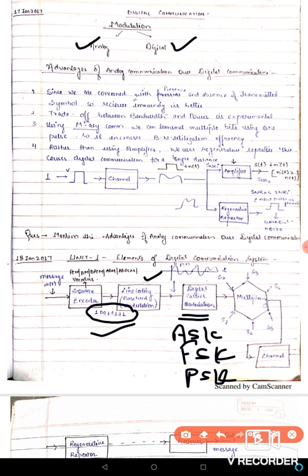Now the channel is available, and we need to utilize the bandwidth of the channel properly. The signals from different sources, S1, S2, S3, S4 and so on, are multiplexed using frequency division multiplexing or time division multiplexing and passed through the channel.